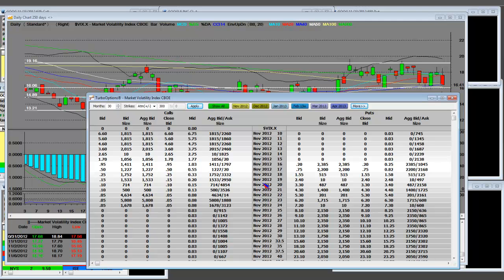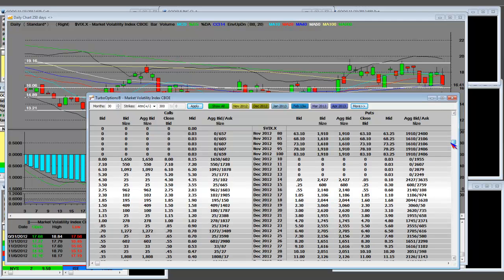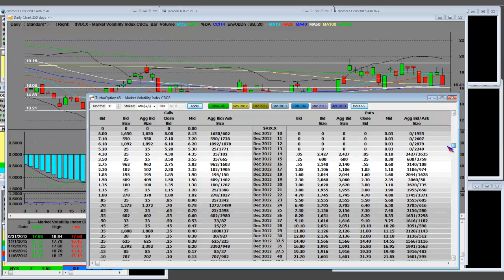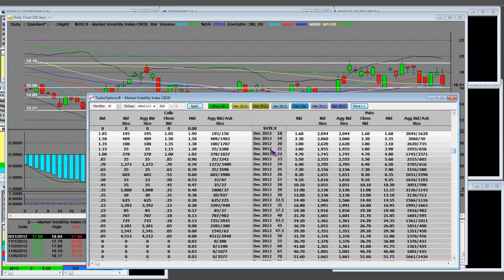Right now, the way we see it, the December contracts are the ones to look at. If the VIX goes higher and you buy calls on the VIX, that's how people hedge their portfolio.